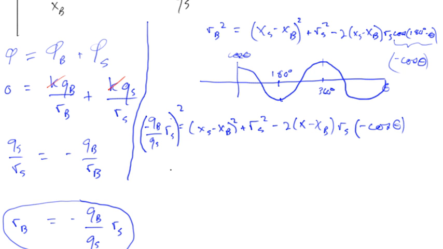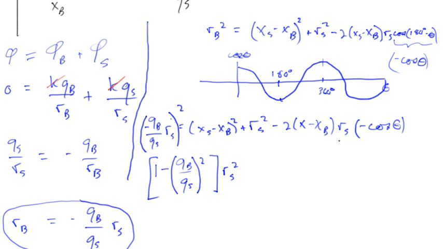So I can say I got a 1 RS squared here, and over here I got QB over QS quantity squared, that many RS squared. So I'll subtract that from both sides, so I'll have on the right, 1 minus QB over QS squared, multiply an RS squared.